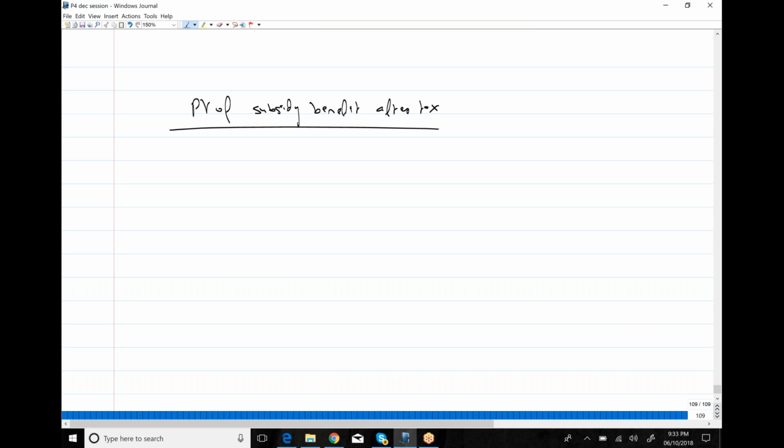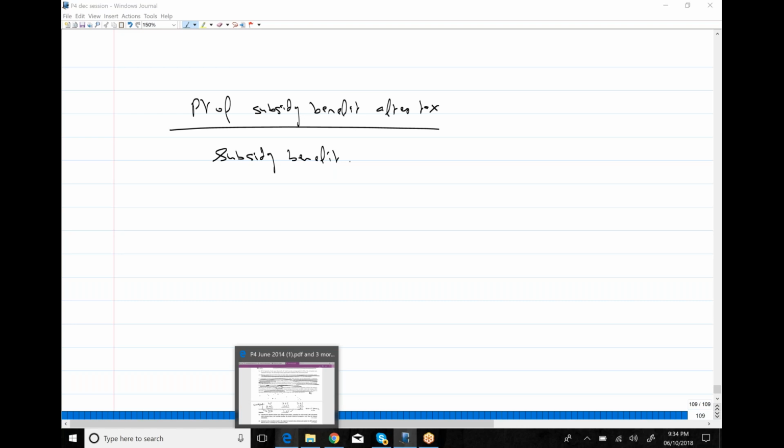First of all, I will compute subsidy benefit. Then I will compute subsidy benefit after tax. And in the end, I will compute present value. Okay. So subsidy benefit.